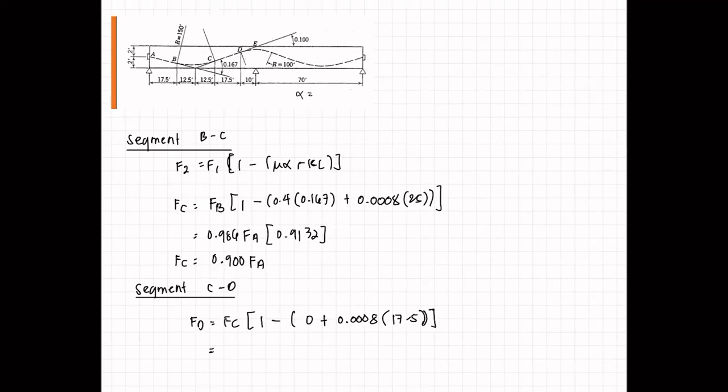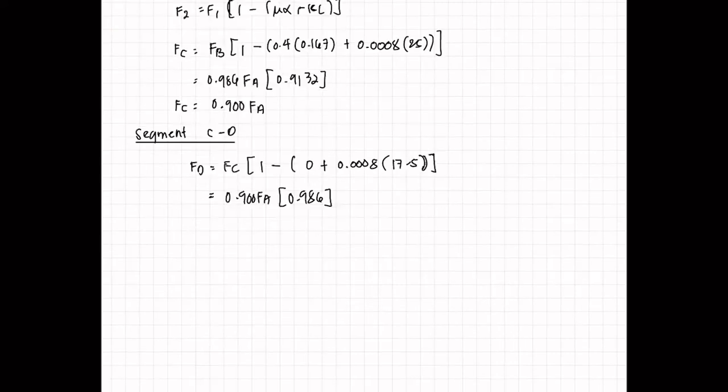So FC natin is 0.900 FA multiplied by 0.008 times 17.5. Then 1 minus that answer, that is 0.986. So FD natin times 0.9, that is 0.8874 ng FA.